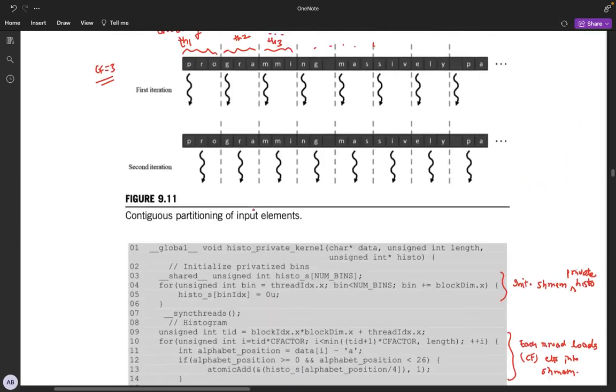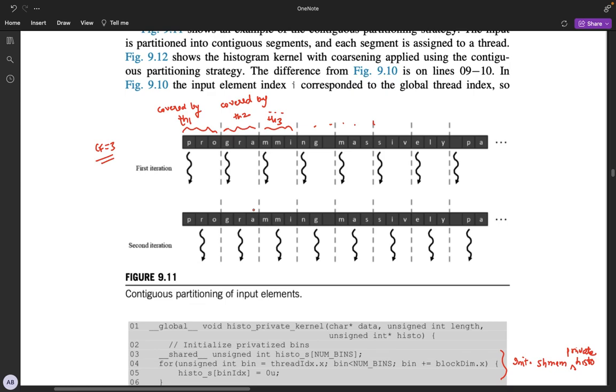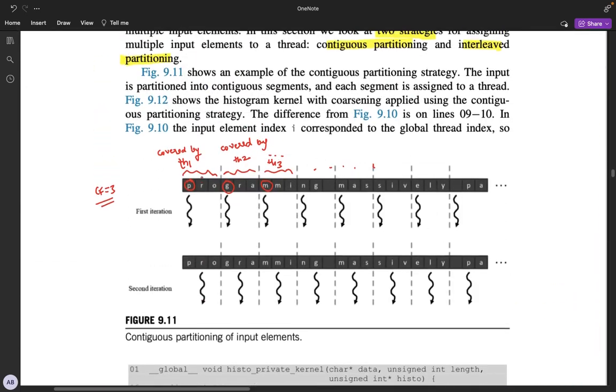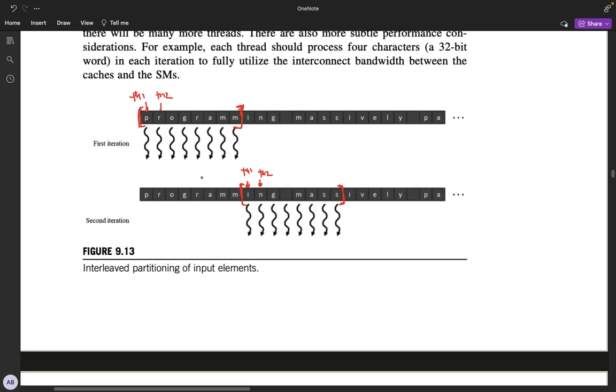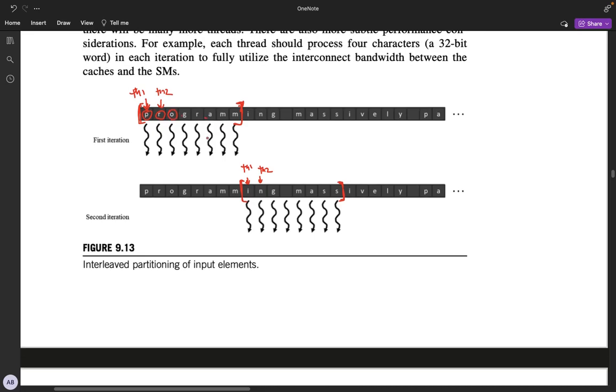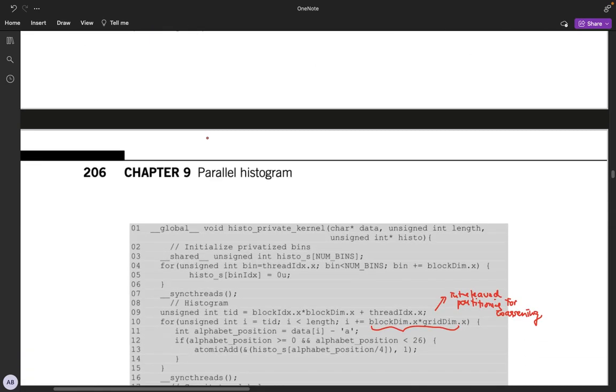And you can see that the memory access pattern in the case of continuous partitioning is not optimal, because in a warp, threads operate on data points that are not contiguous, so the memory access pattern is not coalesced. Whereas in interleaved partitioning, threads in a warp operate on consecutive data points, which leads to a coalesced memory access pattern.